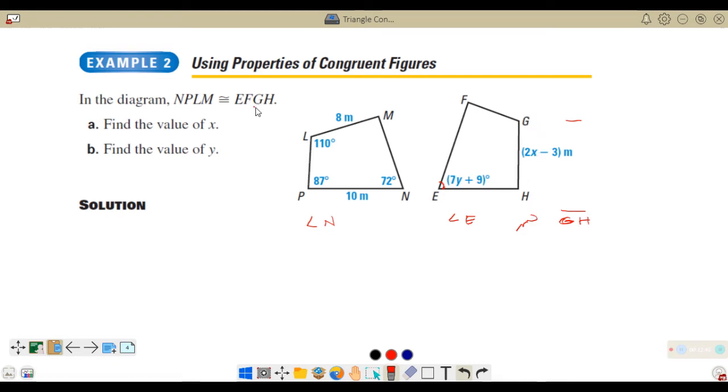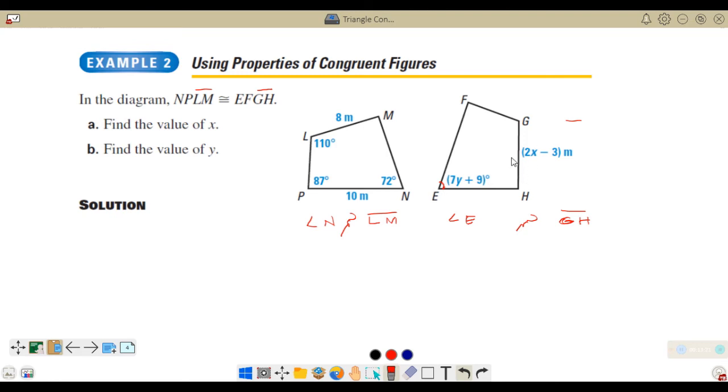And dito, ang GH natin is on the third and fourth letter. So, ito si GH. Segment GH. So, dito sa kabila, we are actually looking at segment LM. So, we will be using segment LM for the first figure para makuha natin yung measurement ni GH.